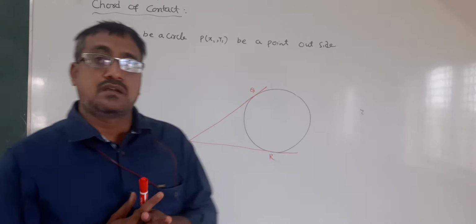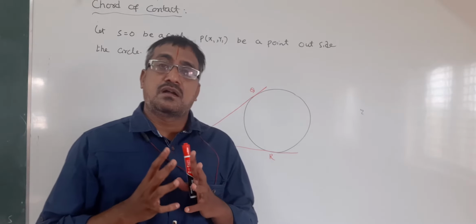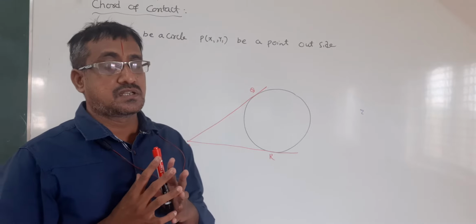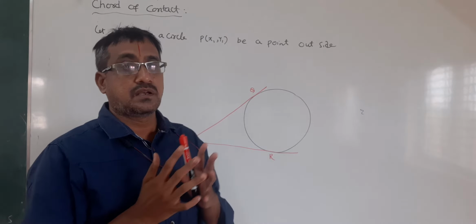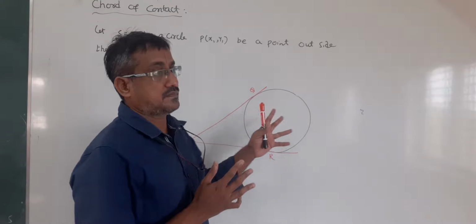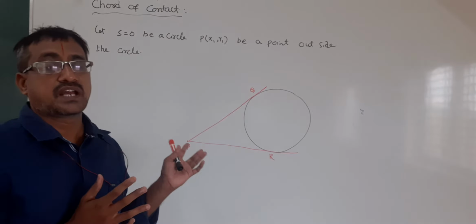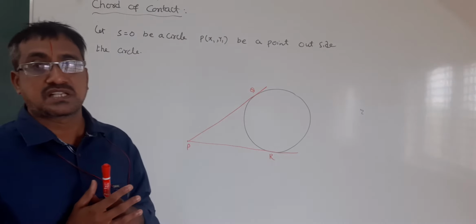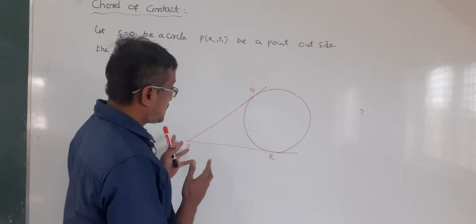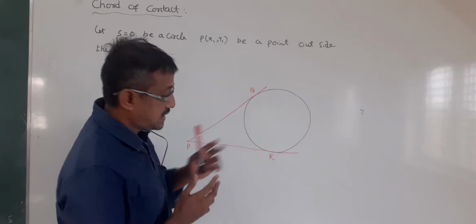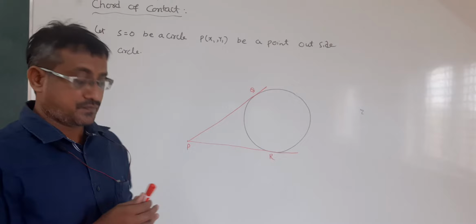You can see we can draw two tangents from an external point to the circle. Suppose that the tangents meet the circle at Q and R.